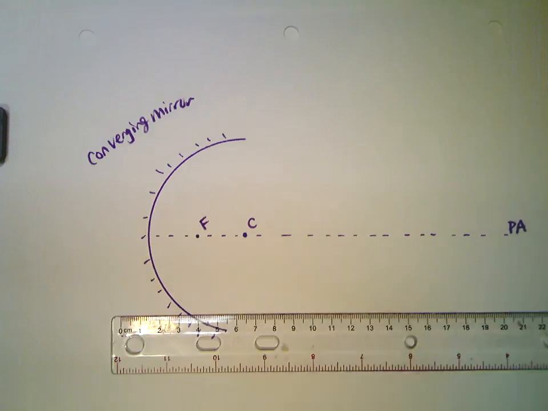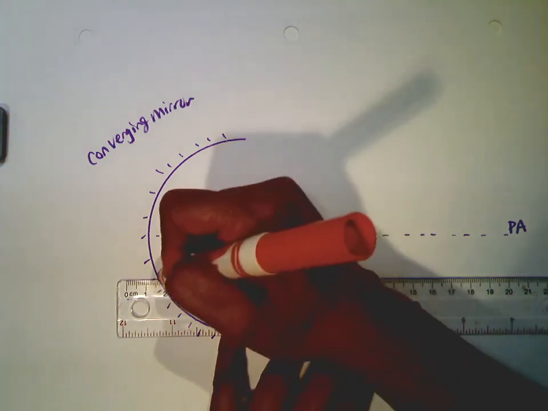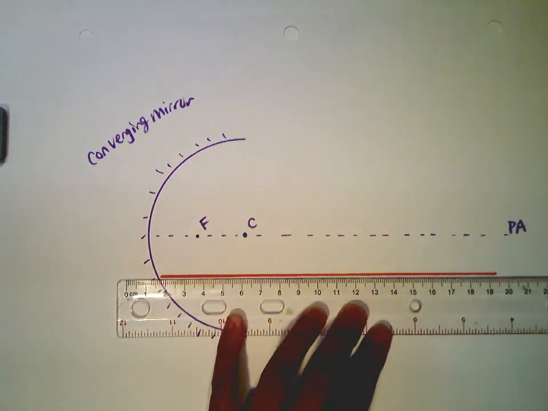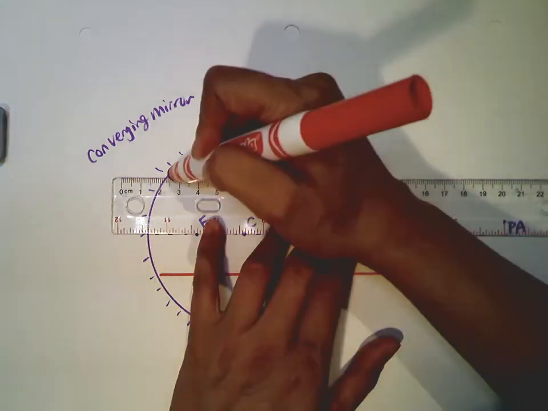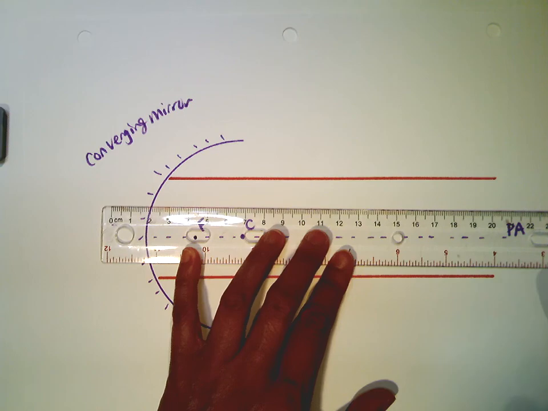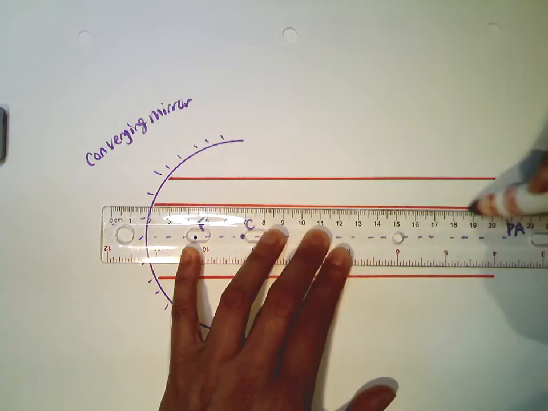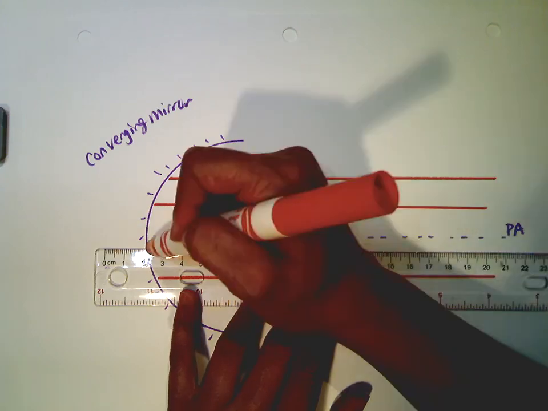And let's draw a light ray that's parallel to the principal axis. So we already drew one down here. I'll draw it again. Okay. We can draw another one up here, like so. We can draw a third one over here. And oh, let's draw a fourth one over here just for fun.